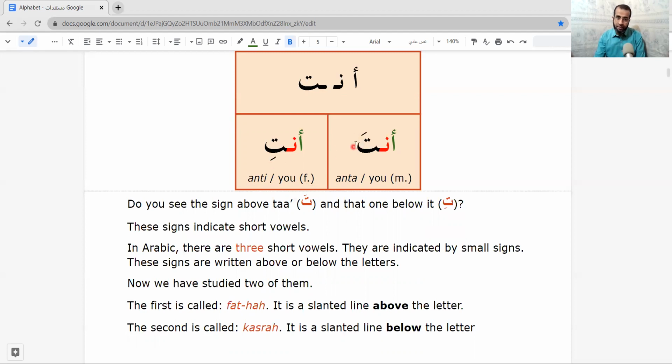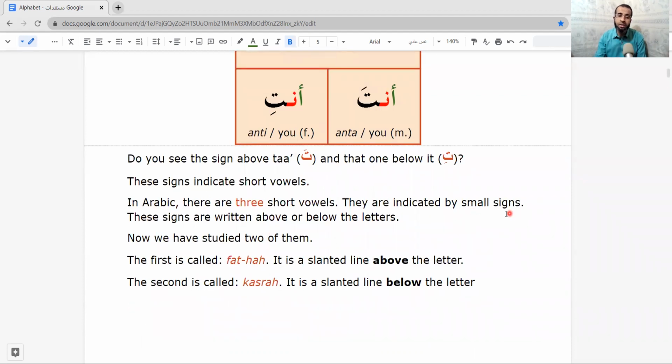These two signs indicate short vowels in Arabic. In Arabic, there are three short vowels. They are indicated by small signs. These signs are written above or below the letters. Now we have studied two of them.